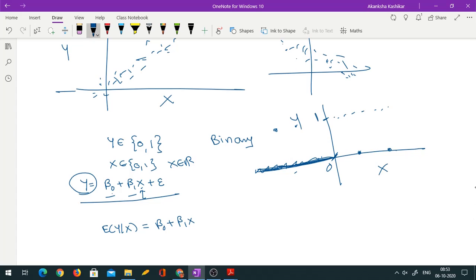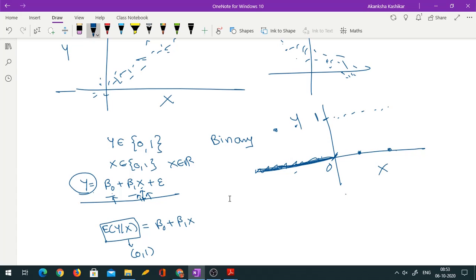Epsilon is the error part. So if for some values of beta naught, beta 1 and x, I get y between 0 and 1, it is still acceptable to me, because even when my y takes values only 0 and 1, the expected value can still be in the interval 0, 1.